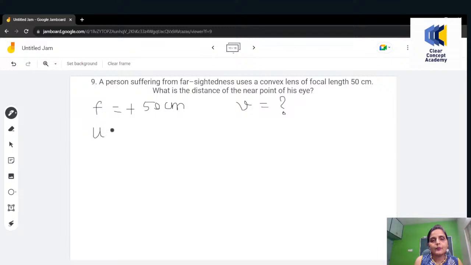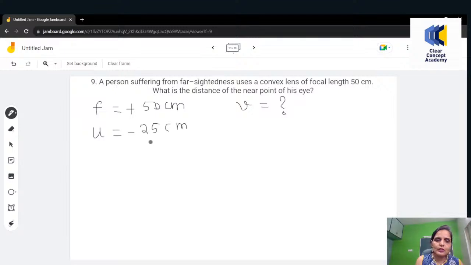So whenever the defect is hypermetropia or farsightedness, that time the object distance is nothing but the near point of the healthy eye, which is at 25 centimeter in front of the eye. So since the distance is measured to the left of the eye or the lens, it is taken to be negative. So it is minus 25 centimeter.